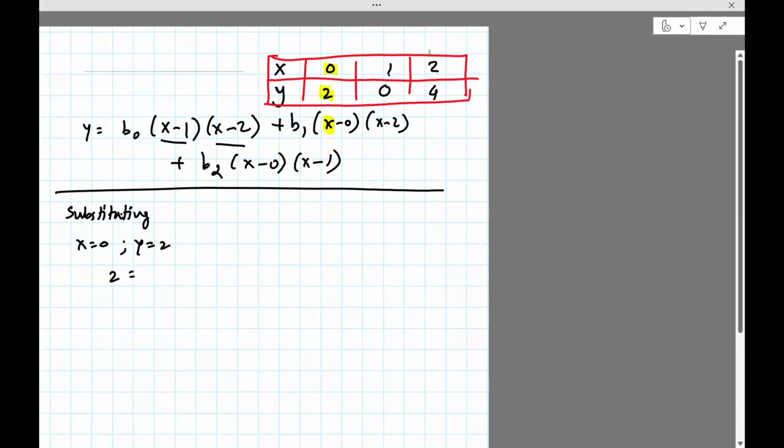So everything there will be 0. If you put 0 here, 0 minus 0 is 0. So everything times 0 is going to be 0. So you'll only be left with the first one. So b0, 0 minus 1, 0 minus 2, plus 0, 0. So b0 is simply, it's 1, I think. Right?